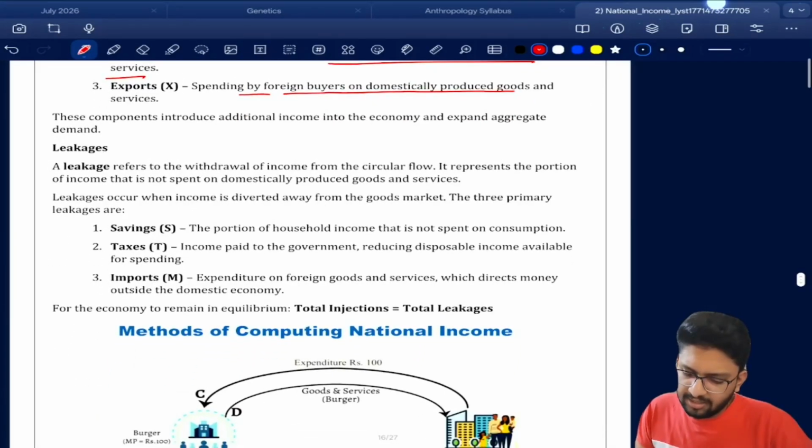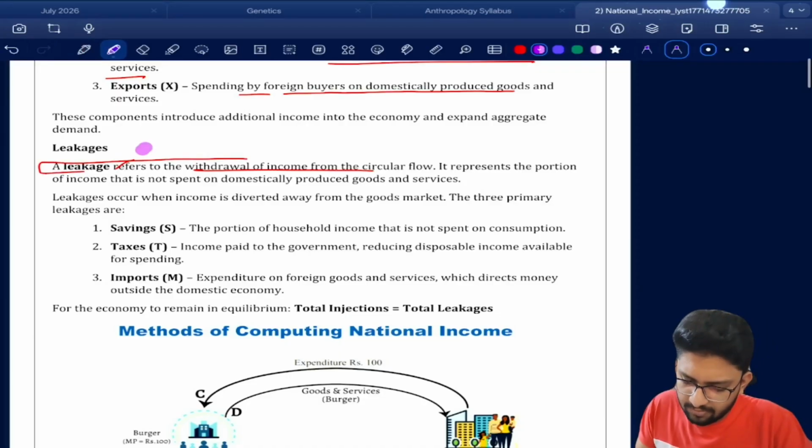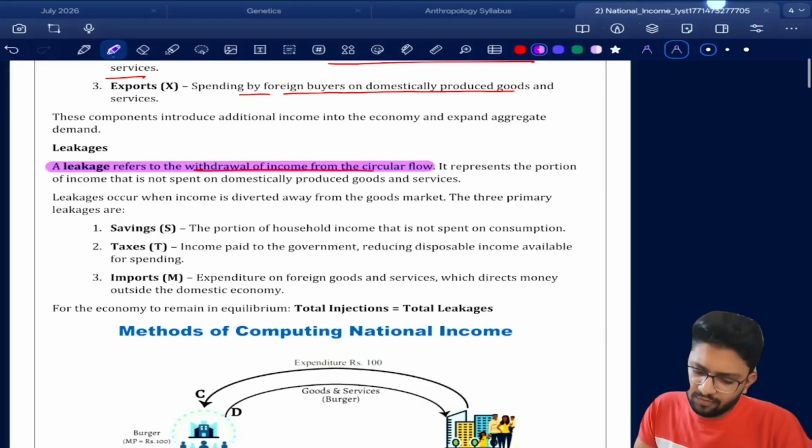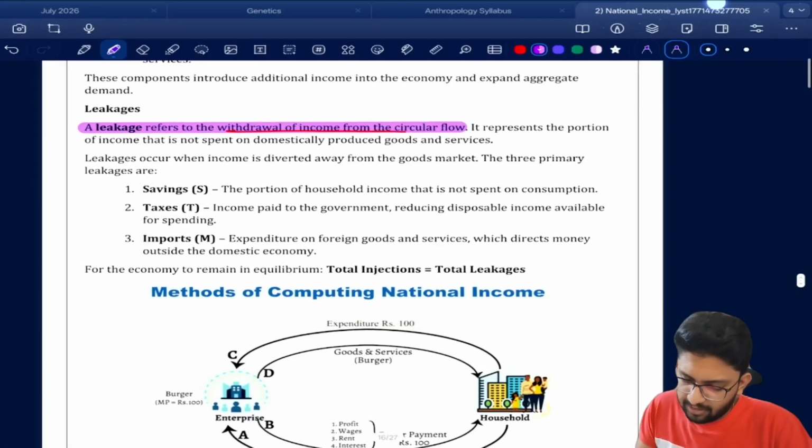Leakages. A leakage refers to withdrawal of income from the circular flow. It represents portions of income that are not spent on domestically produced goods and services. Leakages occur when income is diverted away from the goods market.